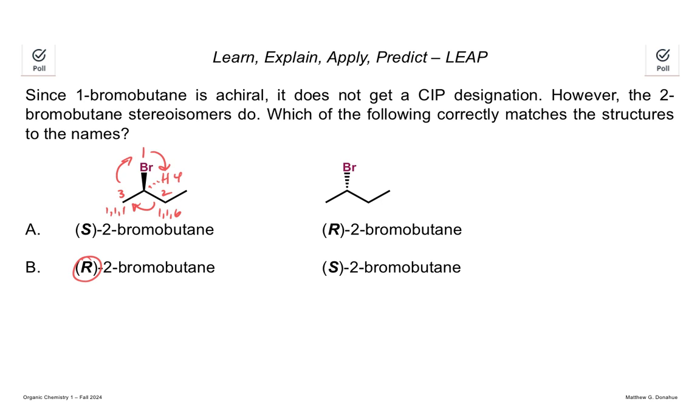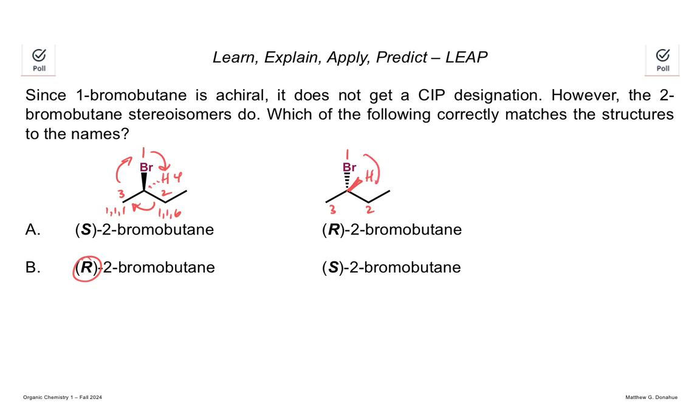And then we'll just do it for the other one so you can see what I mean, now that hydrogen is pointed out towards you. So remember, the rules state the lowest priority has to be back. So it's still 1, 2, and 3.